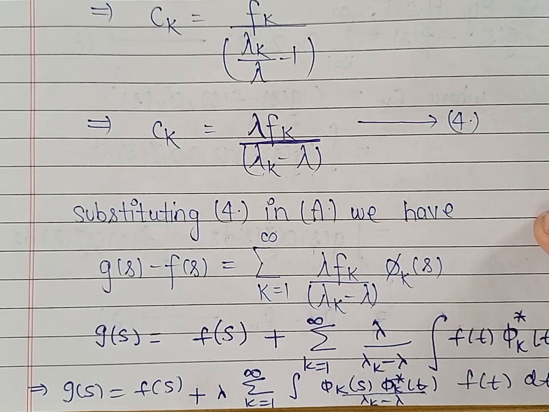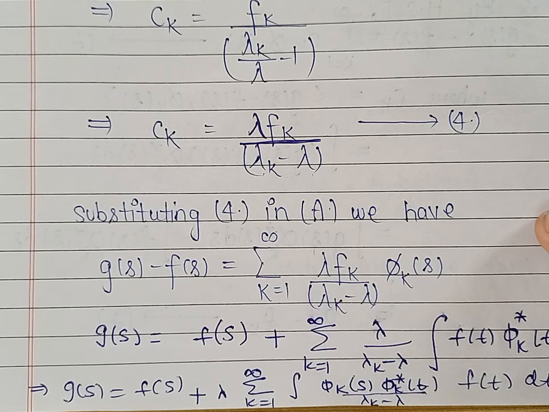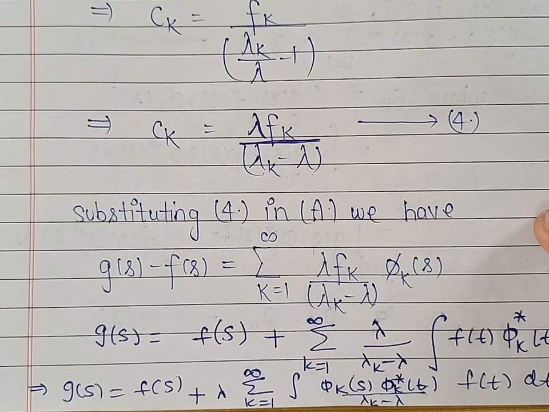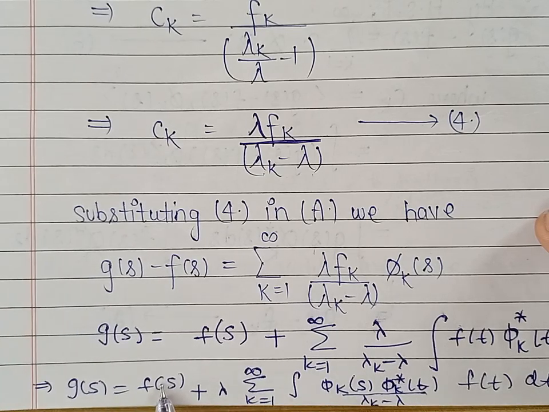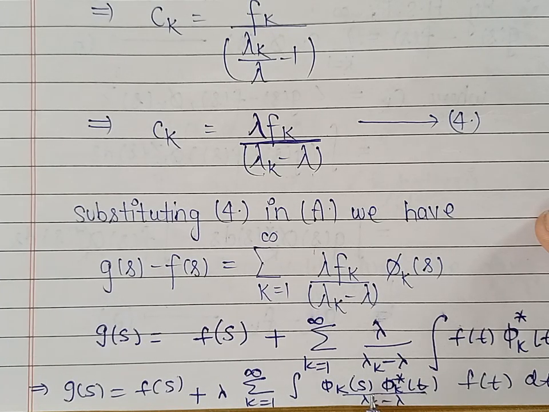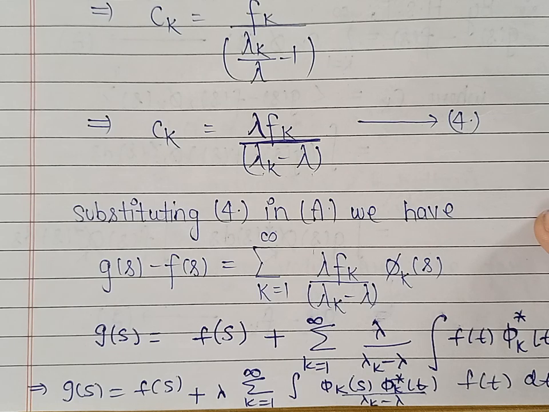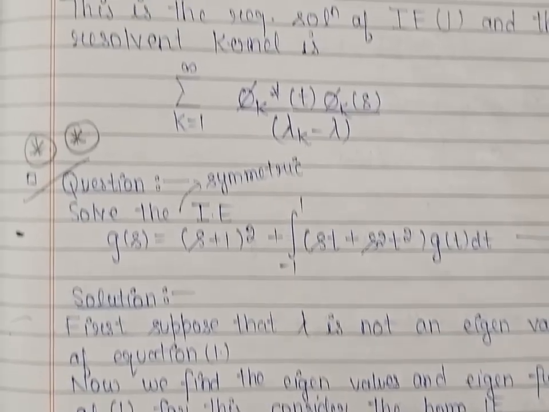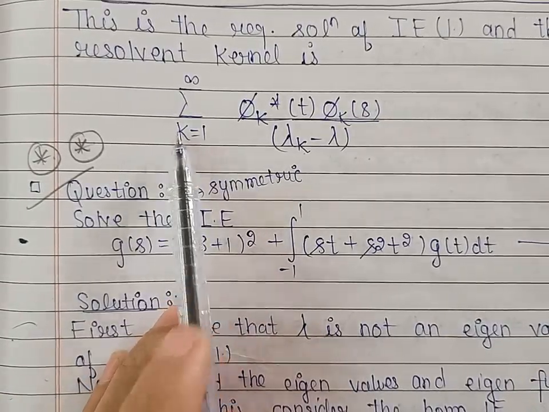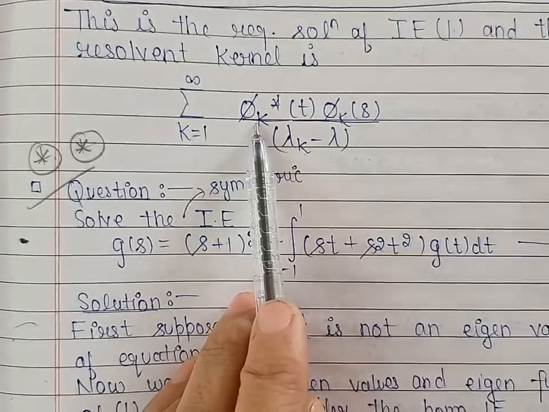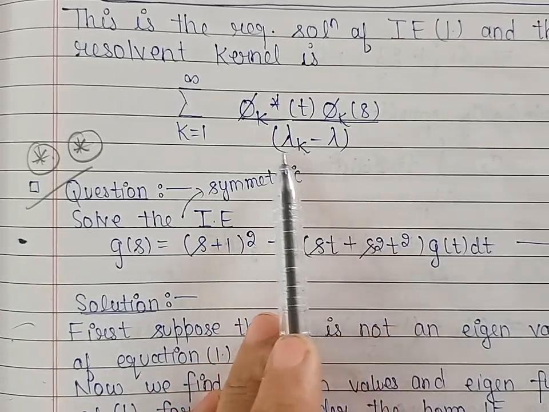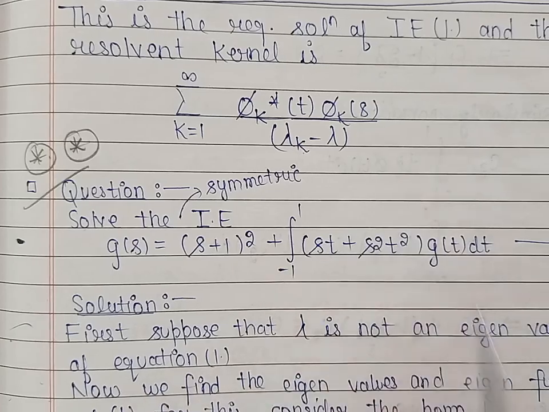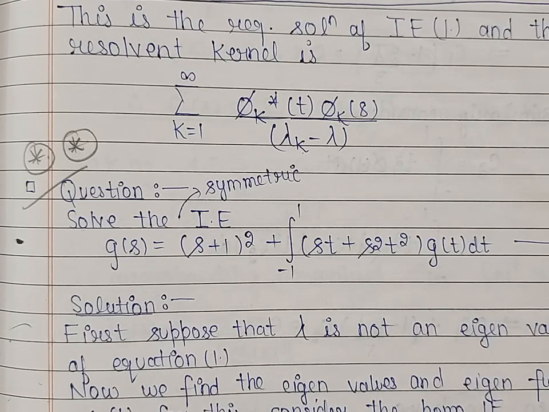Now if we compare this solution with the standard form of the solution of the Fredholm integral equation, g(s) = f(s) + lambda integral Gamma(s,t; lambda) f(t) dt, where Gamma is the resolvent kernel, the resolvent kernel is given by the summation k from 1 to infinity of phi_k star(t) phi_k(s) / (lambda_k - lambda). So this is the solution of the symmetric integral equation by using the Hilbert-Schmidt theorem.